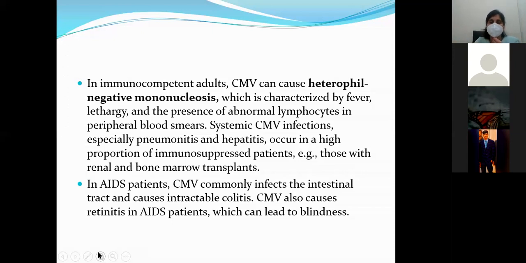In AIDS patients, cytomegalovirus commonly infects the intestinal tract and causes intractable colitis. Colitis is inflammation of the colon. Cytomegalovirus also causes retinitis in the AIDS patients, which can lead to blindness. So in the AIDS patient, you will have the intractable colitis and retinitis, which can lead to blindness.